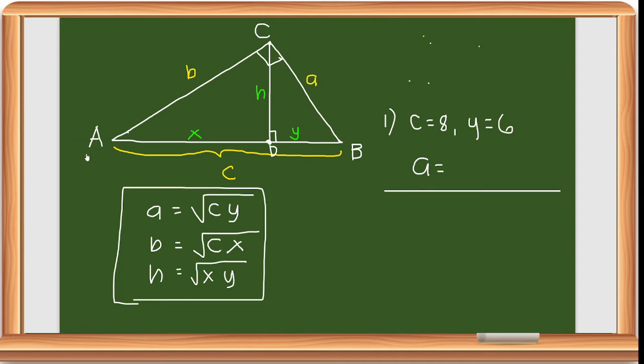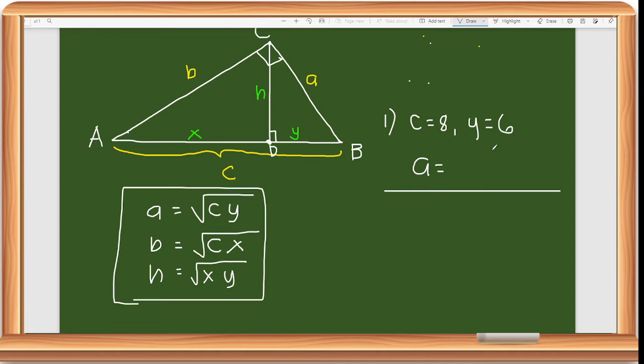Okay, very good, Christian. Very good, Patrick. John Paul, very good. Okay, so this answer is 4 times the square root of 3. The answer is 4 times the square root of 3. Okay, next.